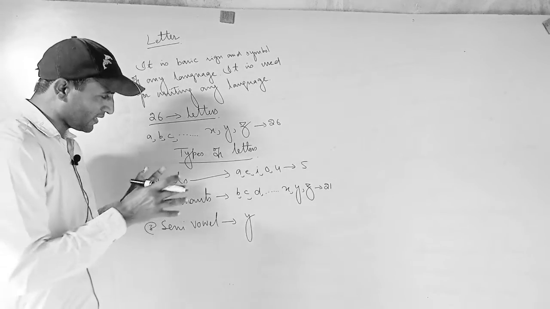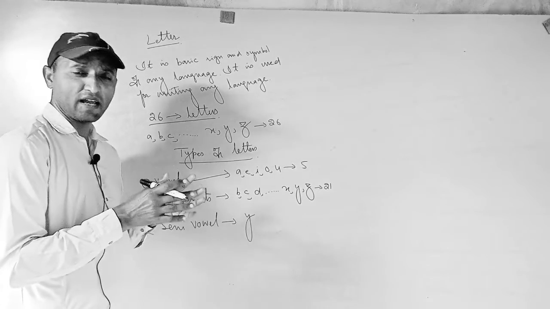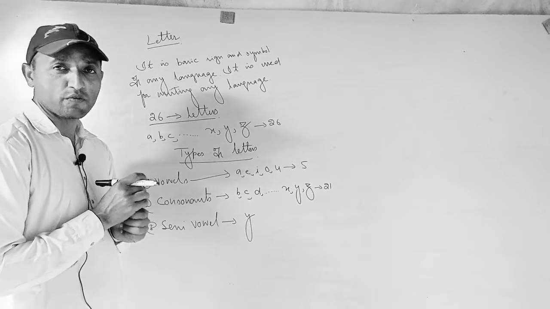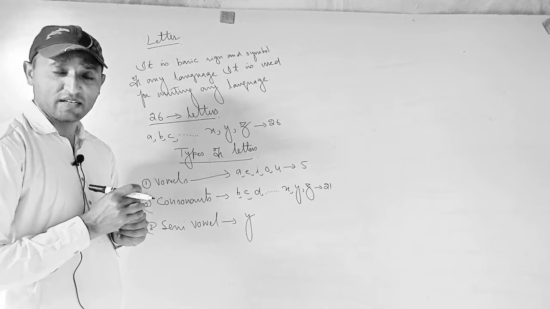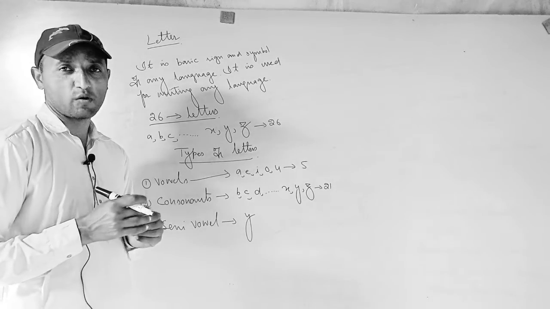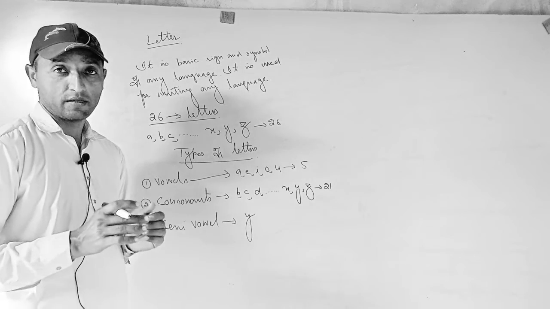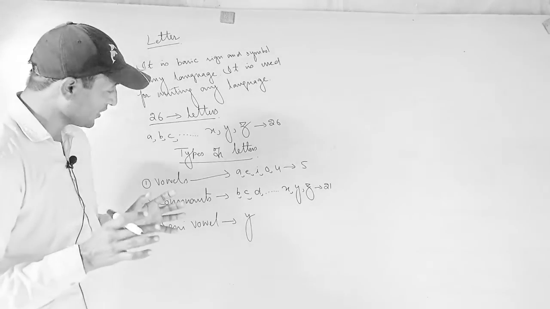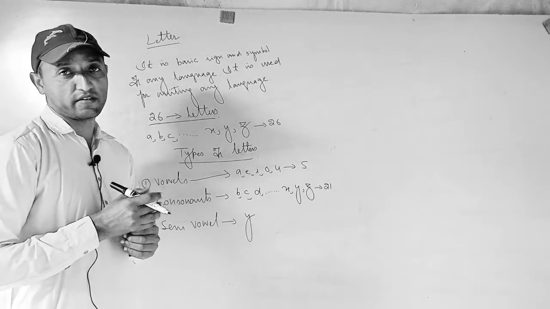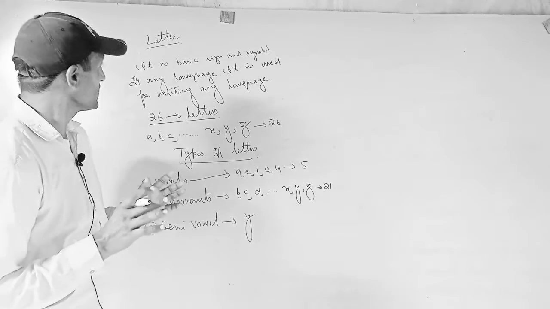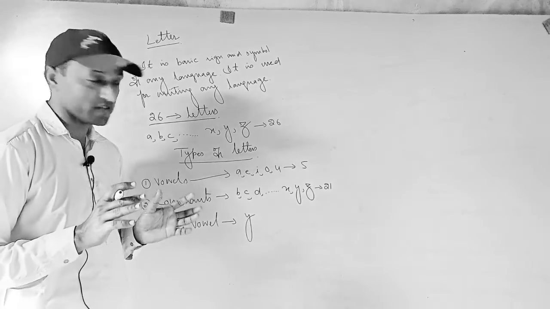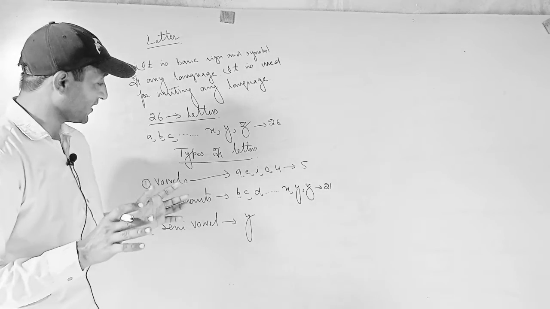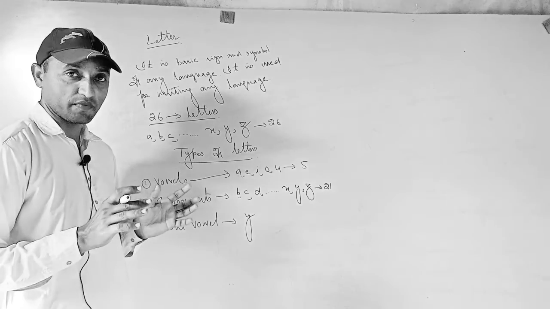Because these letters help us to form words in English or any language, because without letters we cannot write it. So this is my lecture on letters and the types which are used.